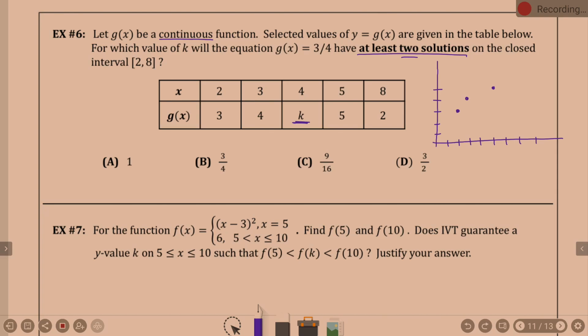And I shouldn't have put the extra points in. 8, 2. Now, what we don't know is this 4 value, right? That's what we don't know. We're trying to find on the 4 line what the y value is.